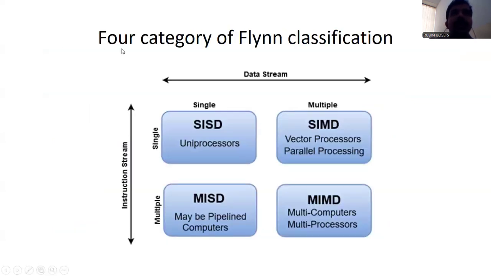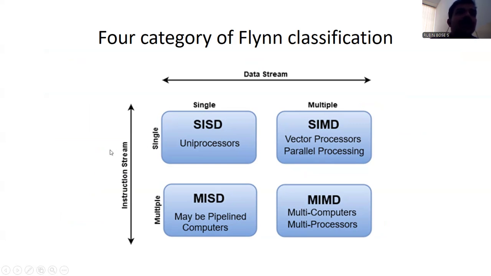There are four categories of Flynn's classification, and this classification is done with the help of the instruction stream as well as the data stream. In the instruction stream there are two states, single and multiple, and in the data stream we also have single and multiple. Using these states we can do the classification.